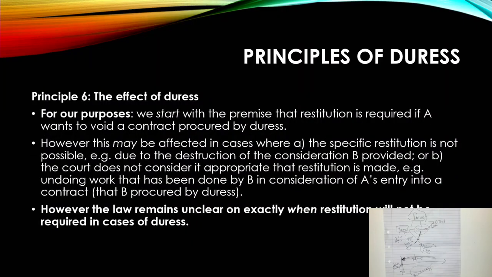We start by saying that if you want to have your contract declared void under the doctrine of duress, you must be ready to return everything that you got under the contract, so that the parties can be put in the position they would have been in before the contract had been entered into. Okay, that's restitution. We want to return the parties back to this point. So that's the starting point.